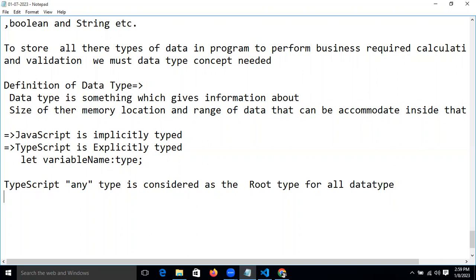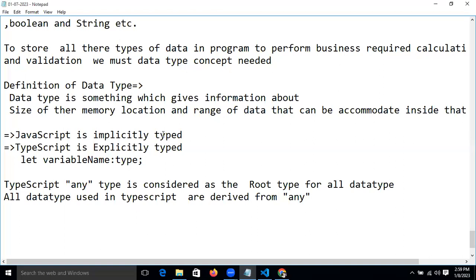That means all data types used in TypeScript are derived from any. Clear, friends? Clear?